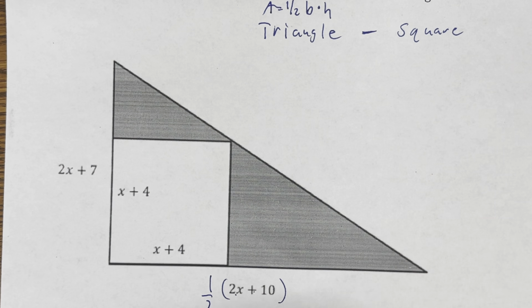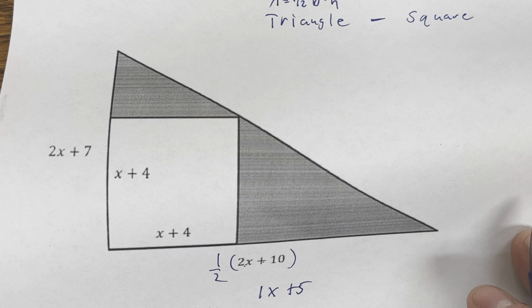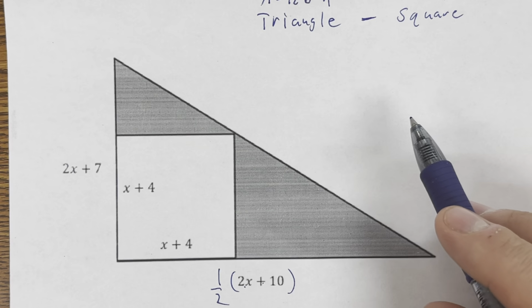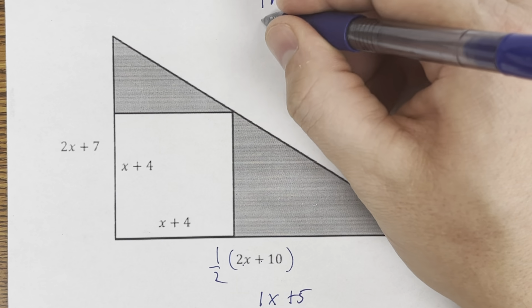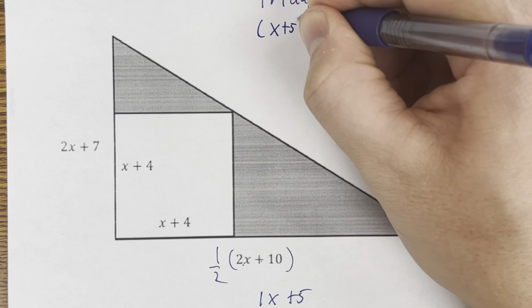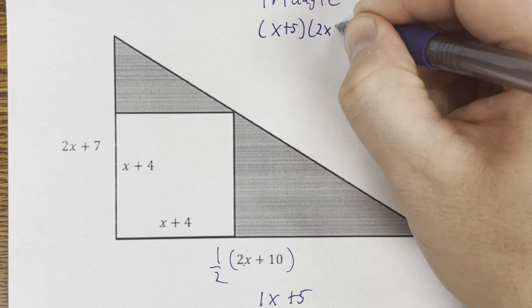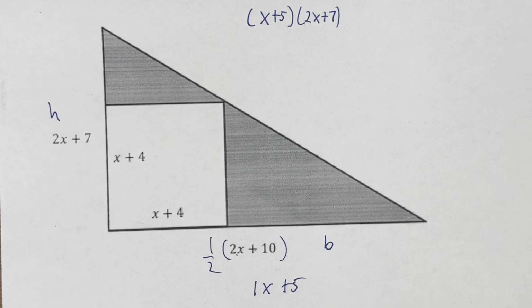That's its base. 1x plus 5, okay? Times it by 1/2. So for me to find the area of that triangle, I'm taking the base times 1/2, which I just did. So I have an x plus 5 times the height, which is 2x plus 7. So this was my height, this was my base.